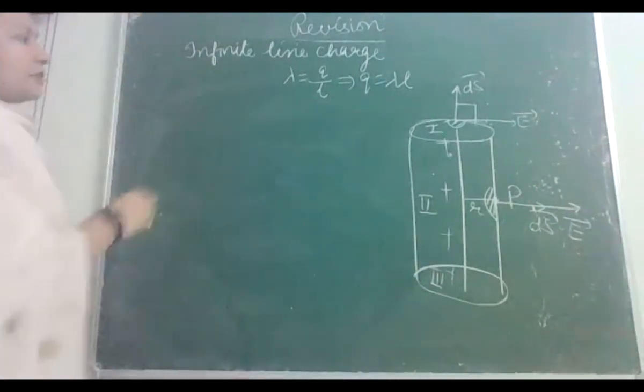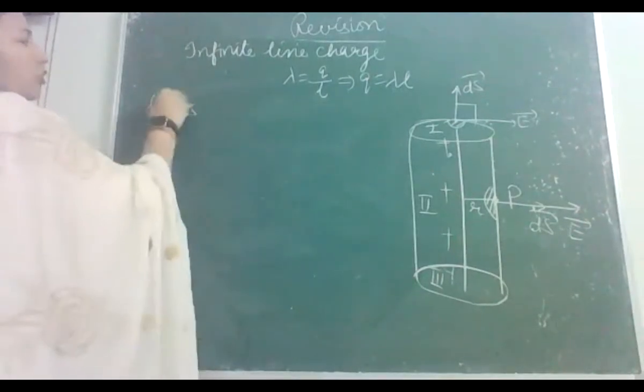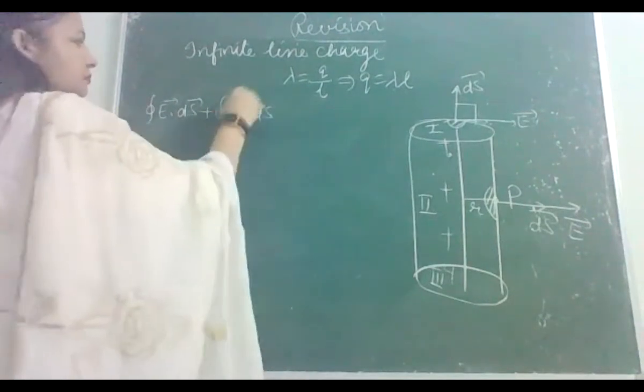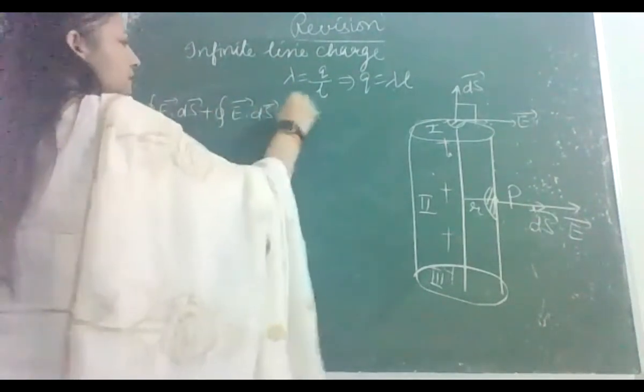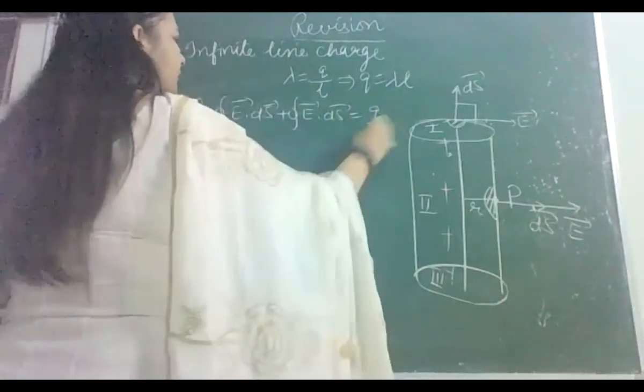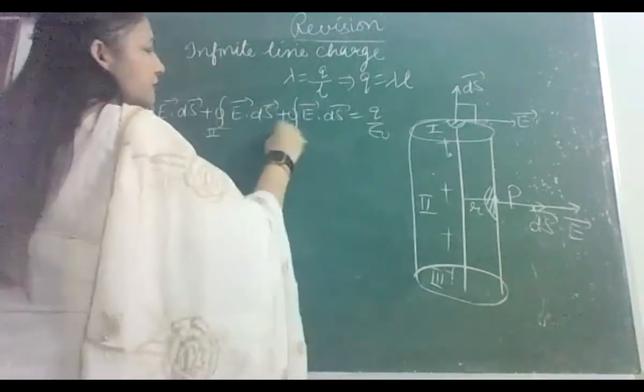Since this is an application, we start from Gauss's theorem and divide it over three surfaces: over first surface, over second surface, over third surface.